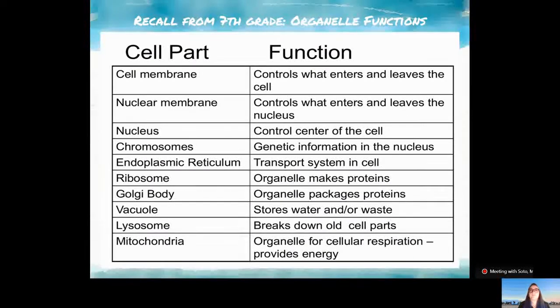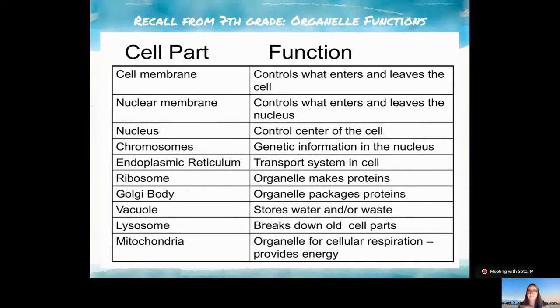So we have our cell membrane controlling what goes in and out. And we also have something called the nuclear membrane. If the nucleus has a membrane, that is what's going to be controlling what goes in and out of the nucleus itself. So we have the cell membrane covering the entire cell, and the nuclear membrane only protects the nucleus.